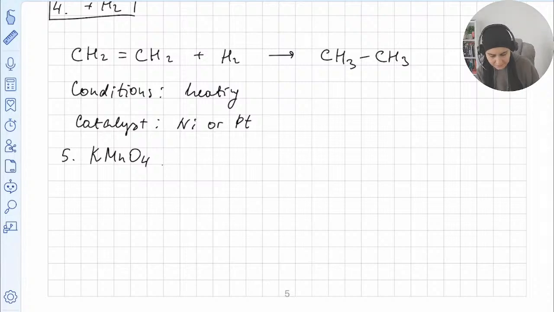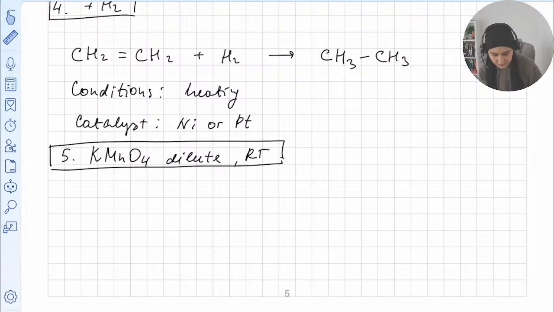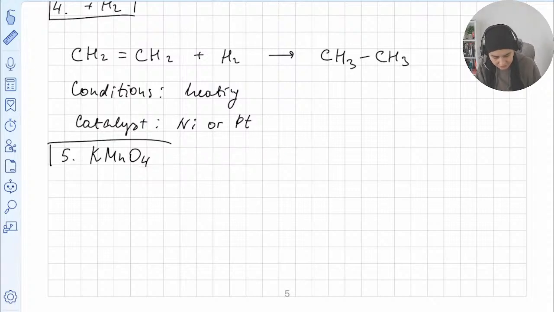So KMnO4 dilute at room temperature. Let's do it this way: KMnO4, and then there are 2 different conditions. A would be if KMnO4 is dilute and it's room temperature. And then the other conditions would be when it's concentrated and then something else happens.